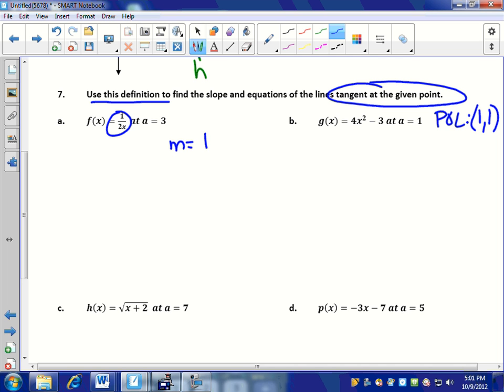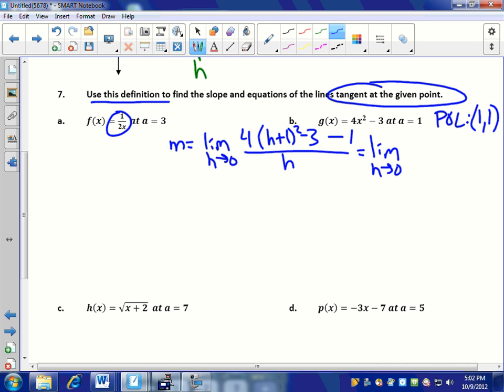Slope is equal to the limit as h approaches 0 of 4 times (h plus 1) quantity squared, minus 3, and then minus my f of a, which is 1, all over h. That is the limit as h goes to 0 of 4h squared plus 8h plus 4 minus 4 all over h.